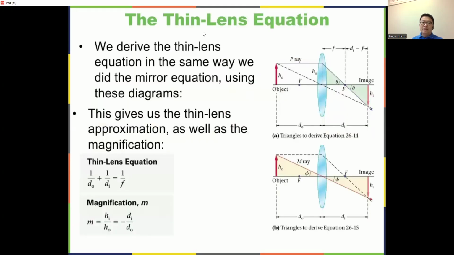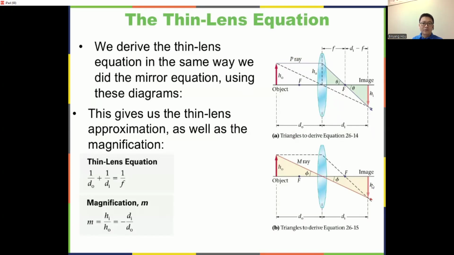You can derive the thin lens equation, again, similar to what we did for the mirror equation. So it's pretty much the same. You use two sets of similar triangles, and then you set up those two equations. For the case here, it will be HI over HO equals DI minus F over F, okay?